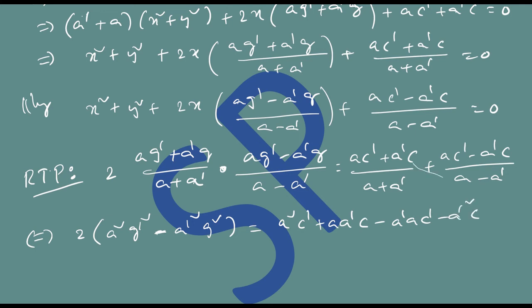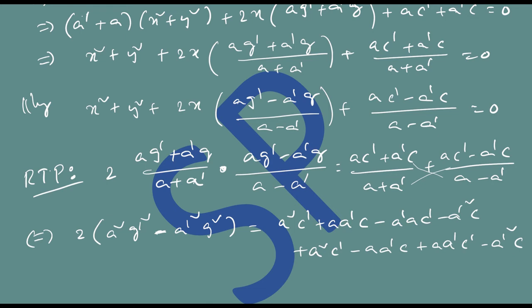I wrote the product of these two. Now I am writing the product of these two. So I'll get plus a square c dash minus a dash c plus a dash c dash minus a dash square c. Obviously we have cleared the denominators.